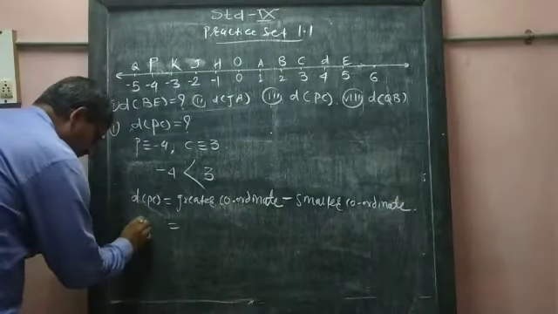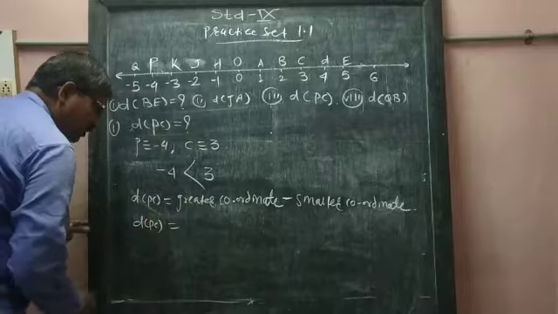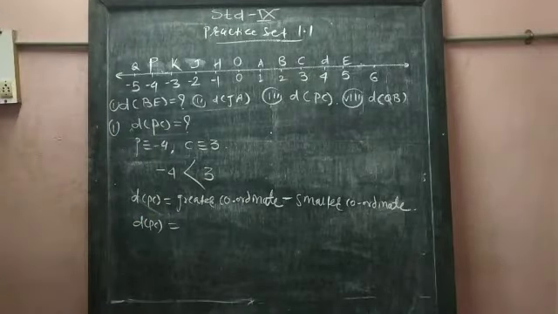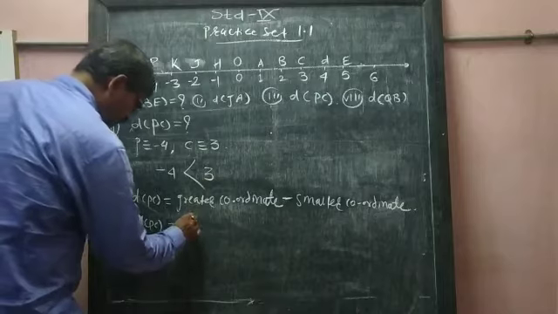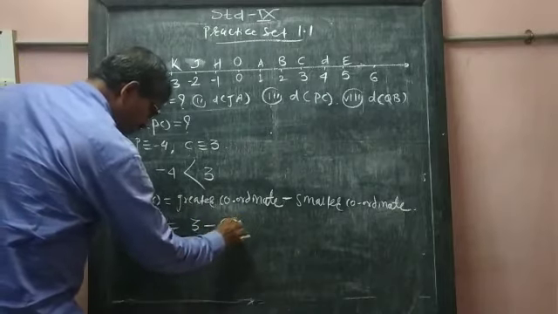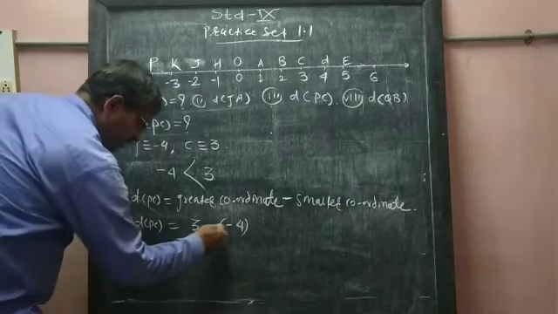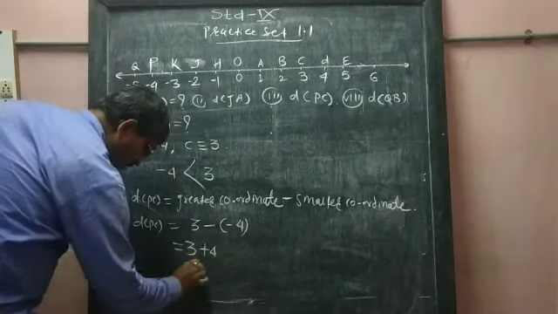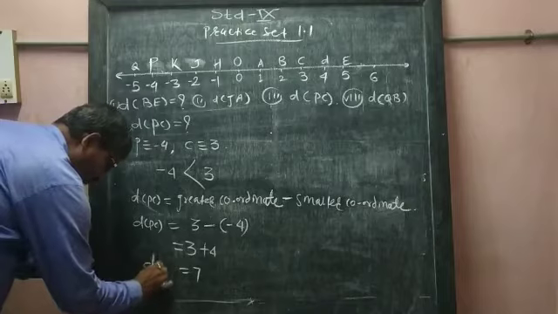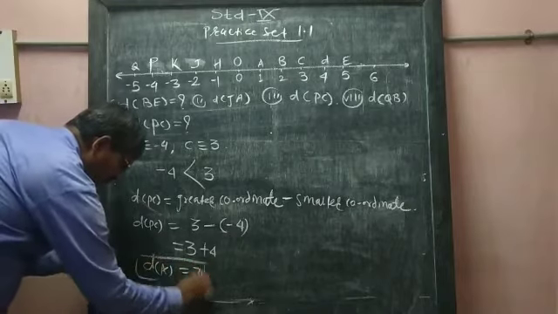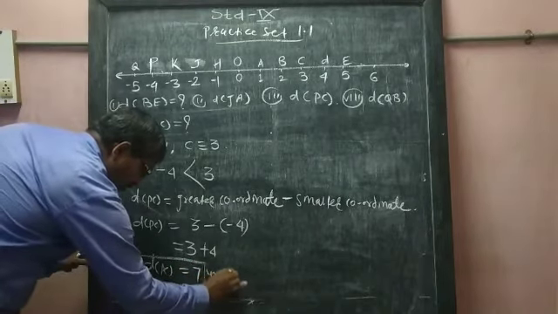The greater coordinate is 3, minus in bracket minus 4. Now 3 minus minus 4 becomes 3 plus 4, so 7 is the distance. Distance of PC is equal to 7 units.